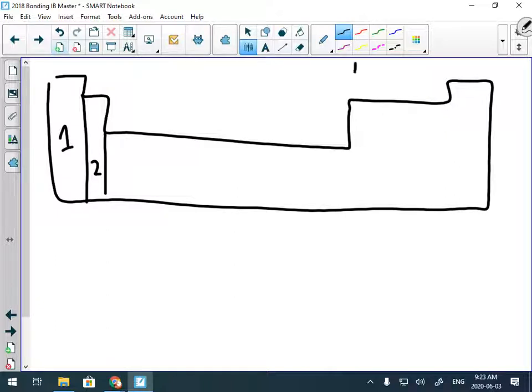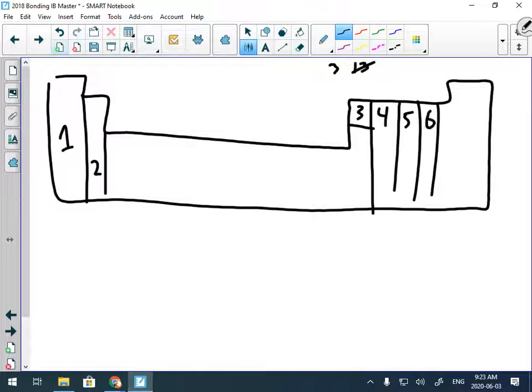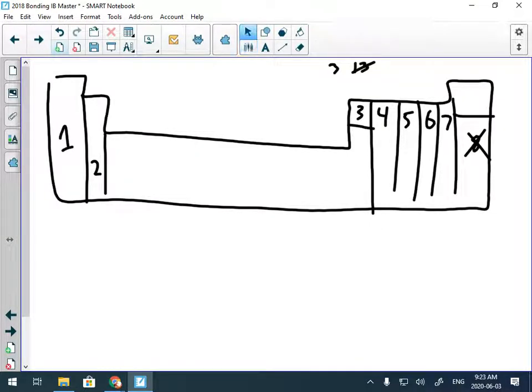Then we go to group 13, but if we subtract 10, that's actually group 3. Group 3, it's actually just boron, and maybe aluminum. It has 3 to it. Then group 4, group 5, group 6, group 7, and then group 8 has nothing because noble gases don't bond.